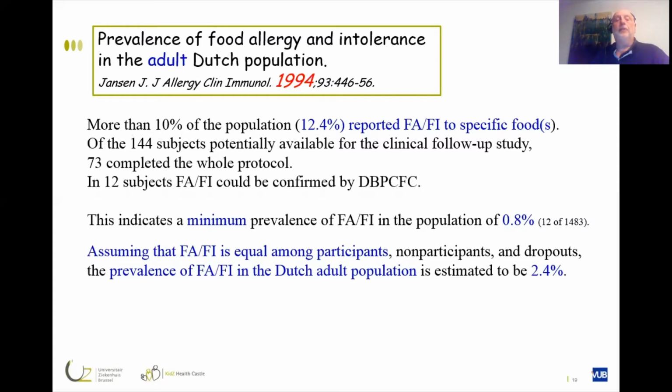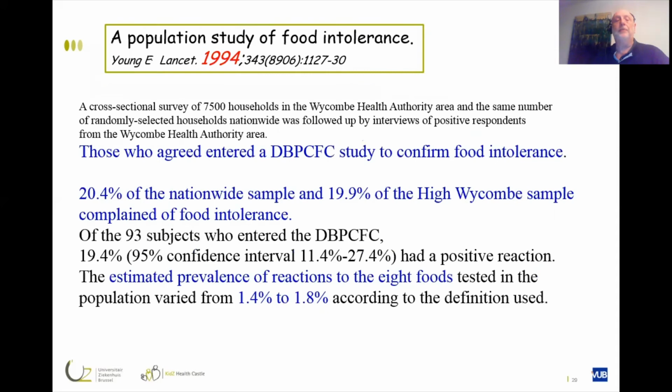So assuming that the food allergy, food intolerance is equal among participants, non-participants and dropouts, the prevalence of food allergy in the Dutch adult population is estimated to be 2.4%, while the reported prevalence according to the individuals themselves is over 10%.